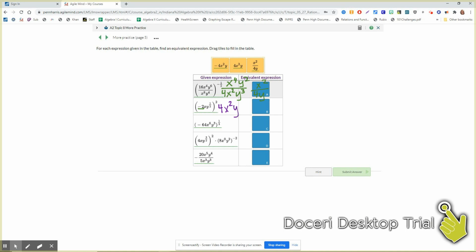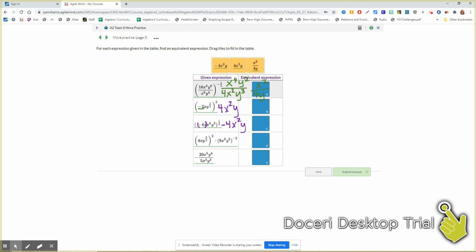So we're looking at 4x squared y. Here, my -64 to the 1/3, again, think of that as parentheses there. That gives me a negative, and then the cube root of 64 is 4. X to the 6th to the 1/3 is an x squared, and then again y.